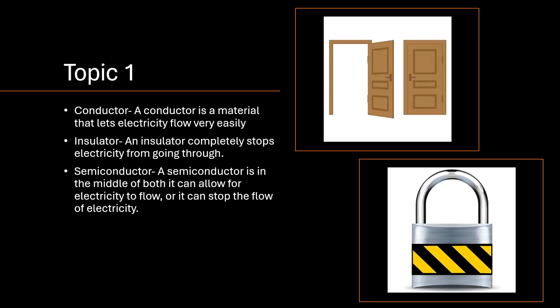But if you don't want electricity to flow, you can put the lock on the door, and you can't open it, you can't get in or out. So that's what a semiconductor is. Depending on how we want it to behave, we can either allow it to flow electricity, or stop the flow of electricity in the semiconductor.